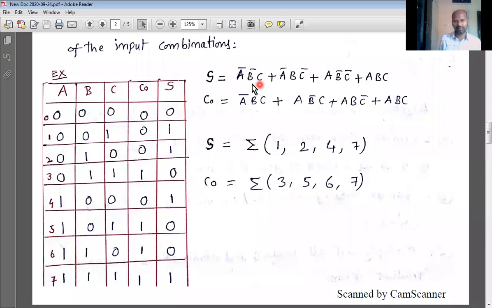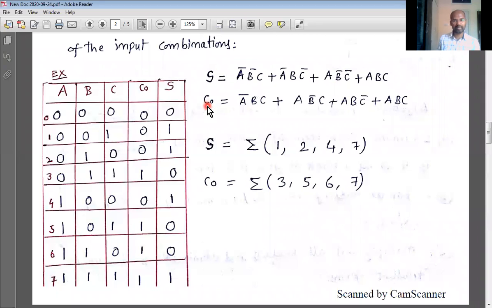If we have something like this, it is easier to implement such circuits. Later we will see. Of course, we can simplify it further if it is possible.